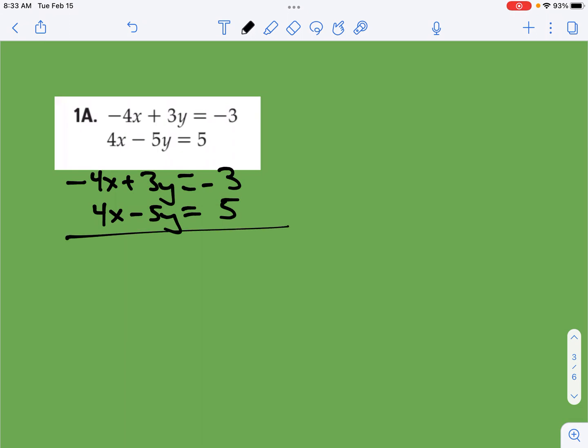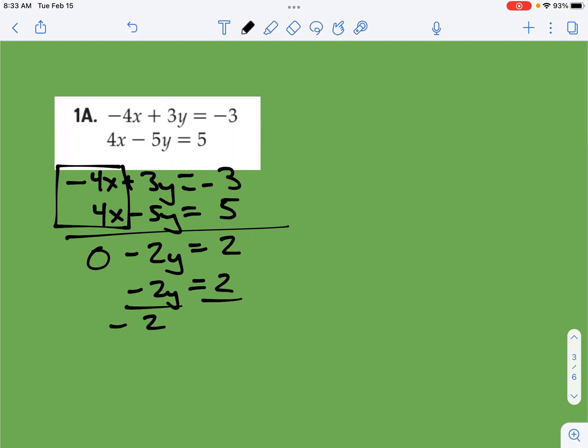If you look at this, you can see that my x's should cancel when I add this together. They have opposite coefficients as each other: negative 4 and positive 4. So when I add these together, I will get 0 right here. Then 3 and negative 5 gives me negative 2y equals positive 2. So you get negative 2y equals 2. We divide both sides by negative 2, and you get y is equal to negative 1.